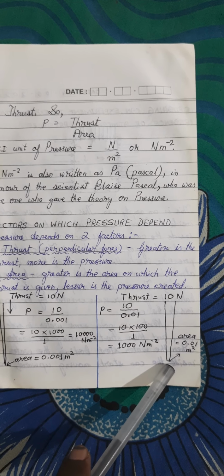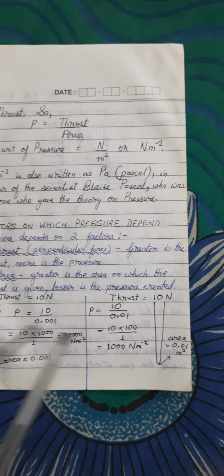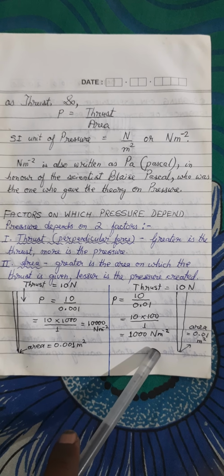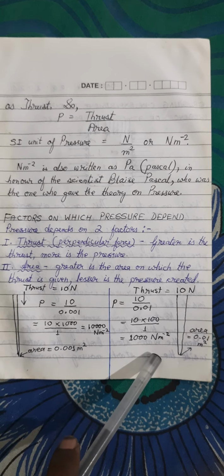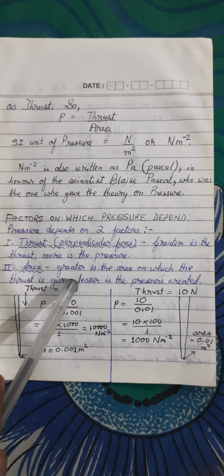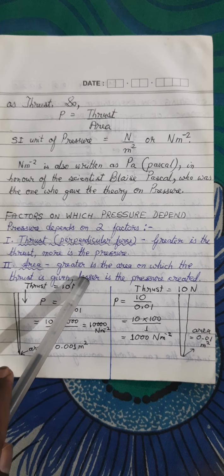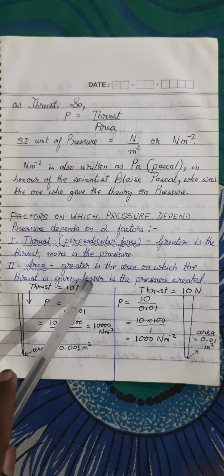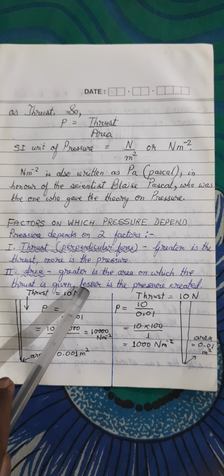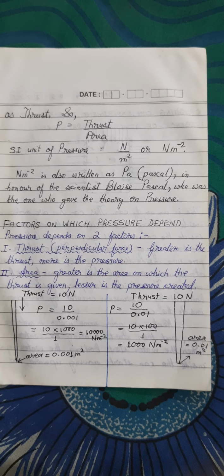If the area is more, lesser pressure will be produced. That is the proof, so if area is greater, then the pressure exerted will be lesser. We decrease pressure by increasing the surface area.